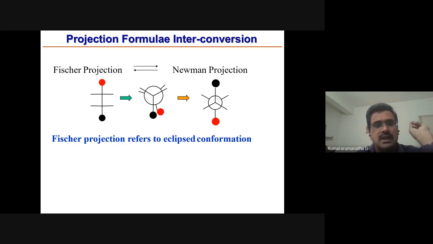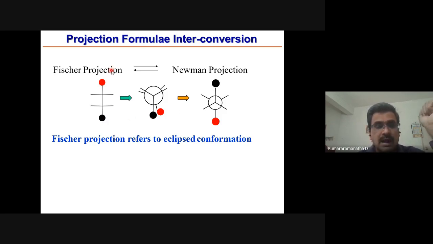Now, this is what we discussed yesterday. Also, this is the total outcome of what we have discussed. Fisher projection to Newman projection. So this is the Fisher projection, and you can make an eclipsed kind of conformation. Vertical lines represent the things which are facing away from you.